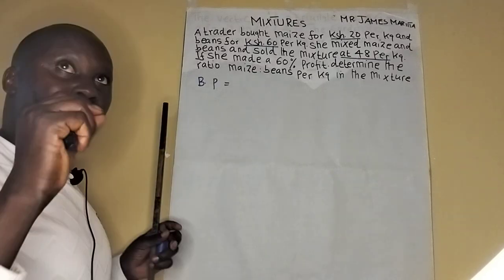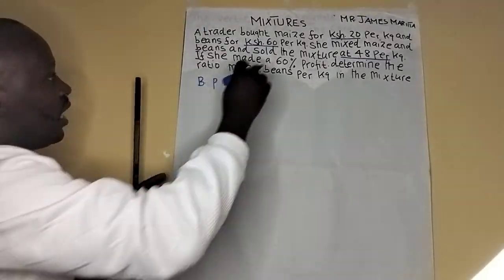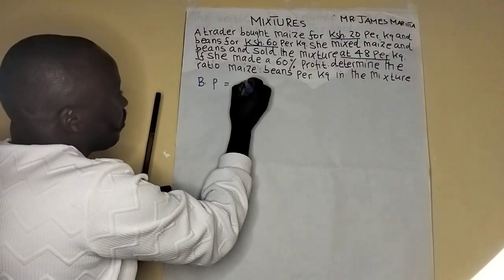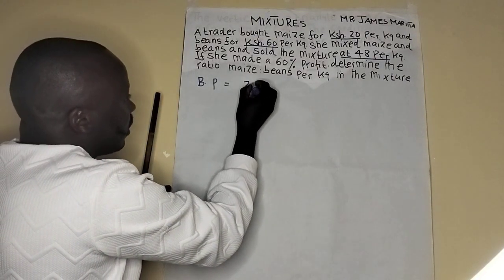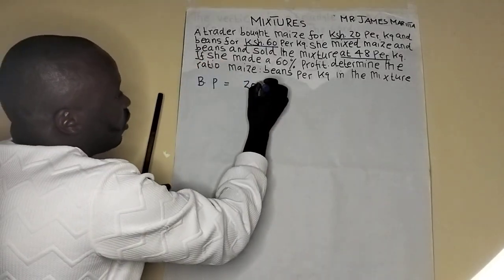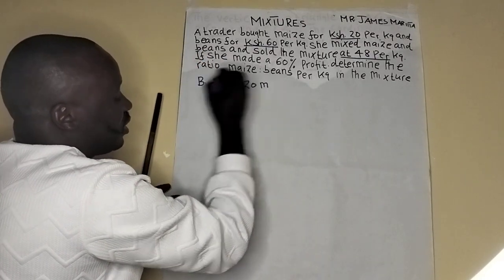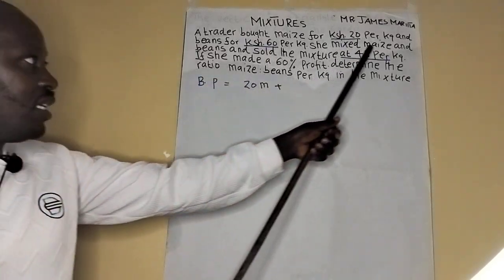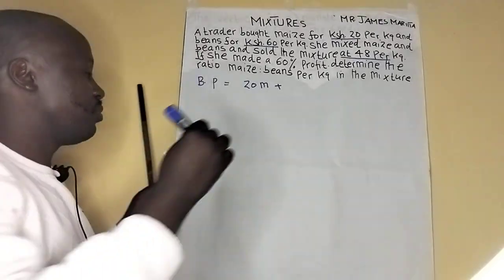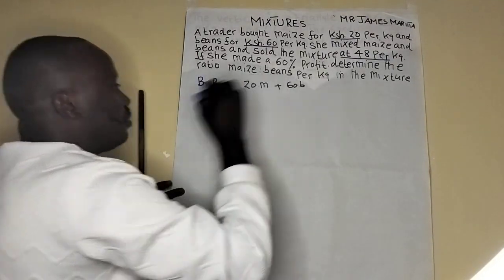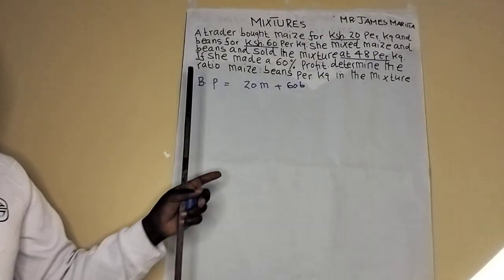If we let M stand for kg of maize, and 1 kg costs 20 shillings, we take 20 times M. Then plus the beans, which cost 60 shillings per kilogram, so we have 60P. That is the buying price.